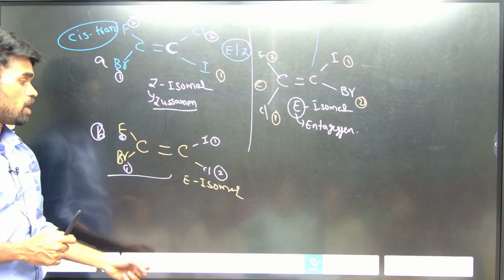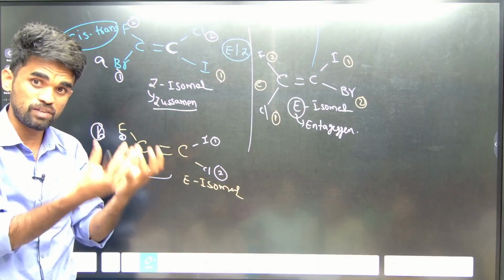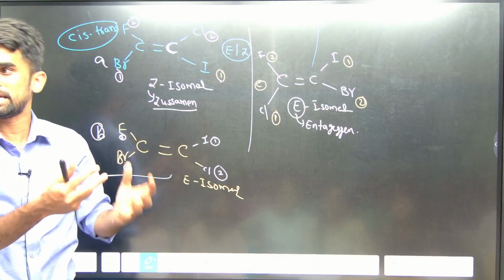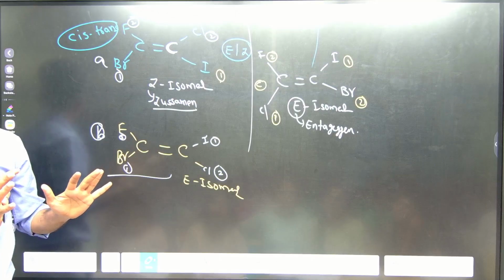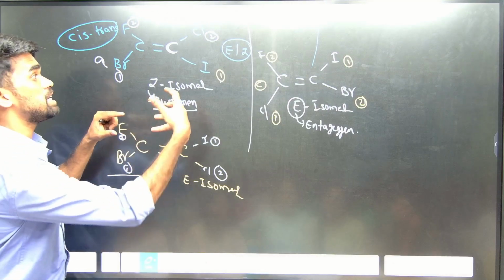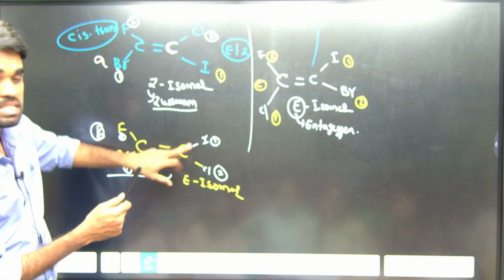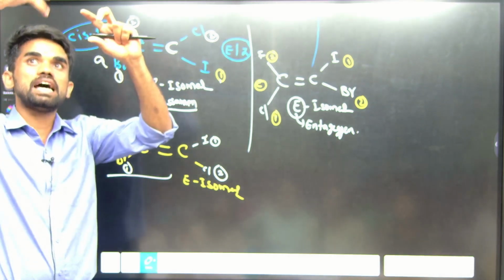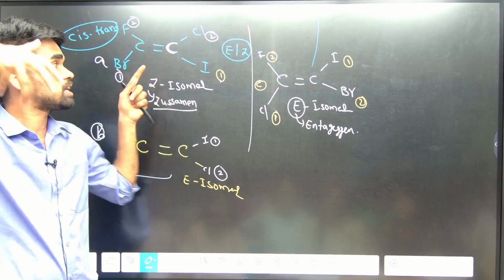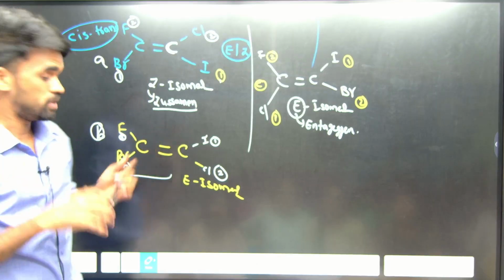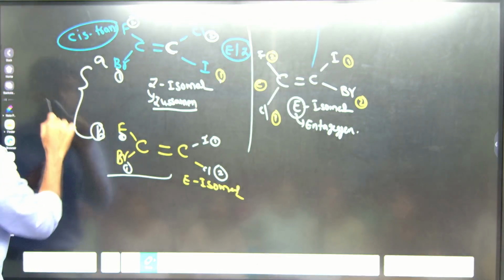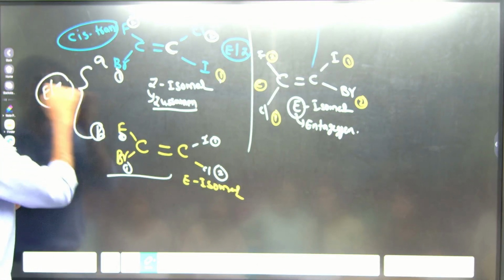It means they have same chemical formula and also same bond connectivity, but they differ in the spatial arrangement of atoms. Here I is above side, here I is below side. In three-dimensional space, the arrangement of atoms is different. So these are called as what? Stereoisomers. And if I want to be specific, I can mention it as EZ isomer.